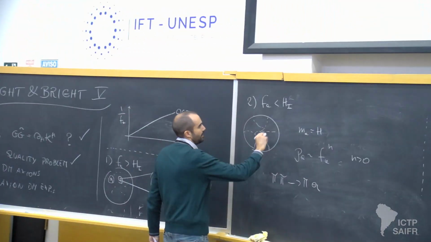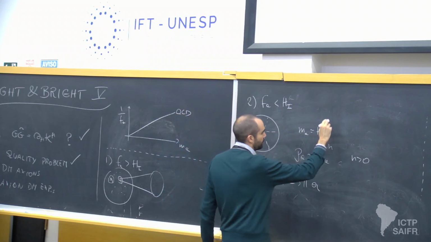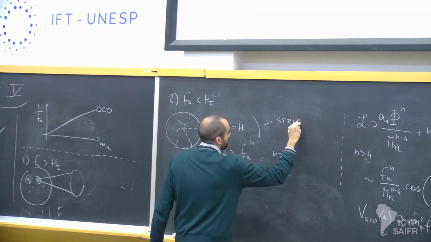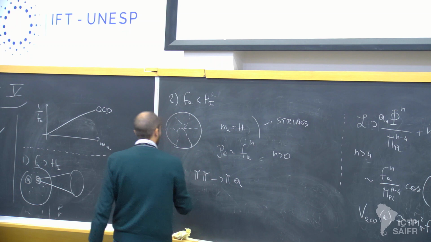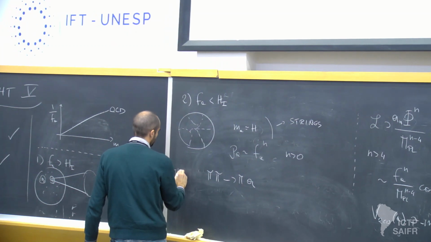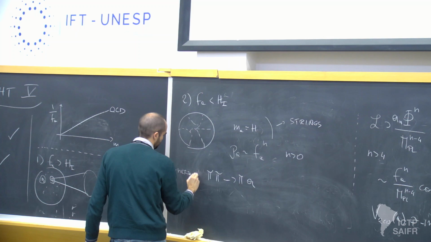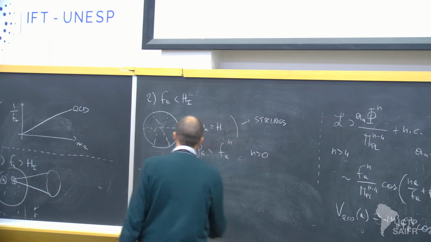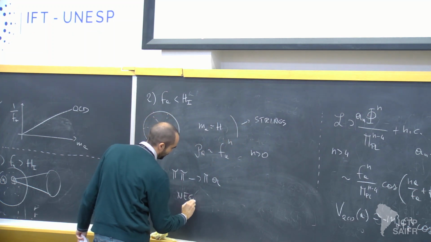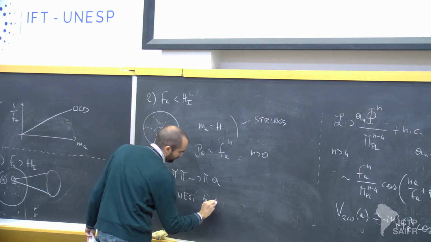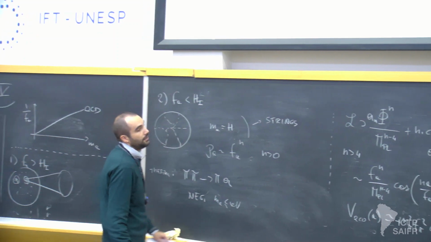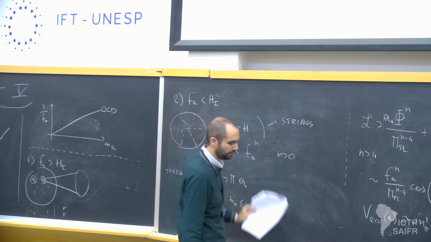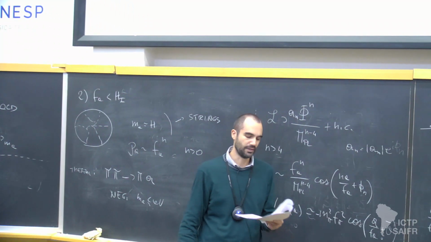So there are 3 ways to produce these axions: strings, misalignment, and thermal. Thermal gives a negligible contribution, so let me write negligible for m_a smaller than an electron volt, roughly. Misalignment, in principle, is always there, but it might be dominated by strings if the symmetry is broken after inflation.